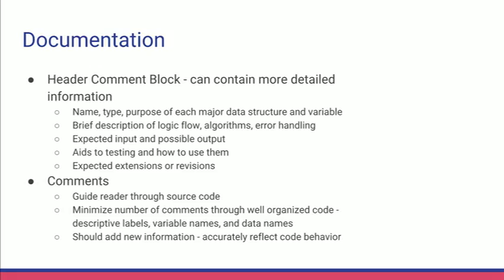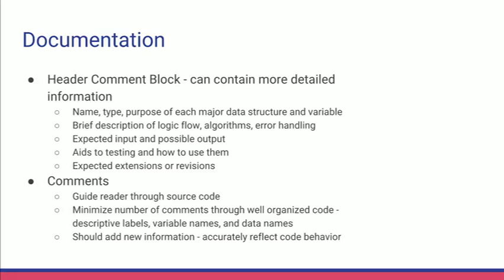So a second type of internal documentation is comments. And comments are meant to guide a reader through step-by-step execution of the code. And they're meant to be a way to clarify complex portions of the code or let the reader know what a variable does, for example. But it's important to not have too many comments in your code because that can often make it less readable and less understandable.